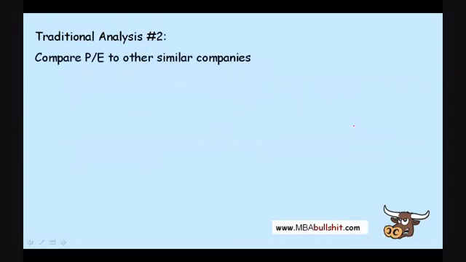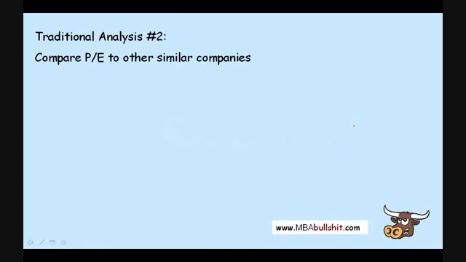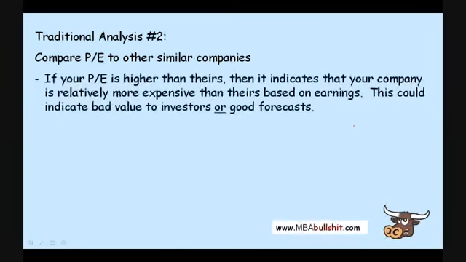Traditional analysis number 2 is to compare the price earnings ratio of this company with that of other similar companies. Like if it's a bank, you also want to compare the price earnings ratio of your company to the price earnings ratio of another bank. Okay? So if your price earnings ratio is higher than theirs, then this indicates that your company is relatively more expensive than other similar companies based on earnings.